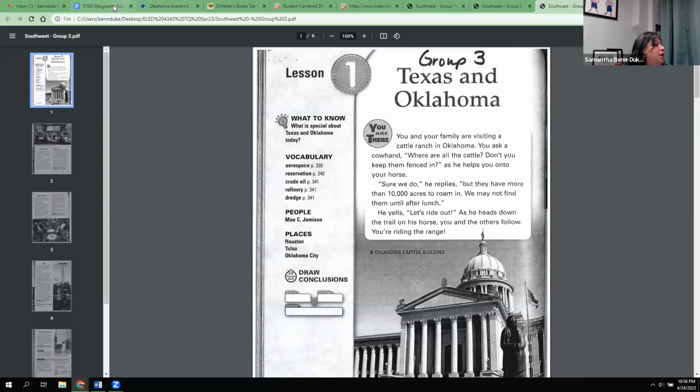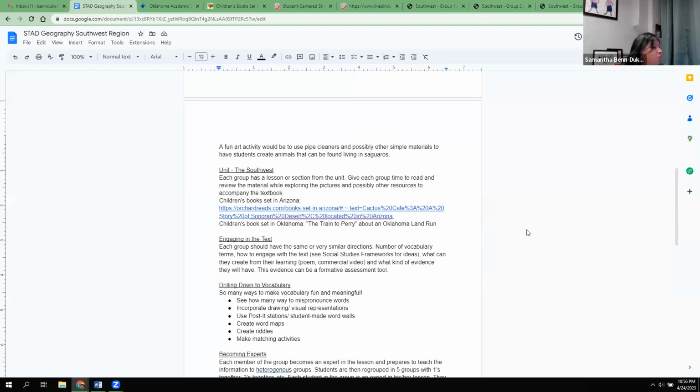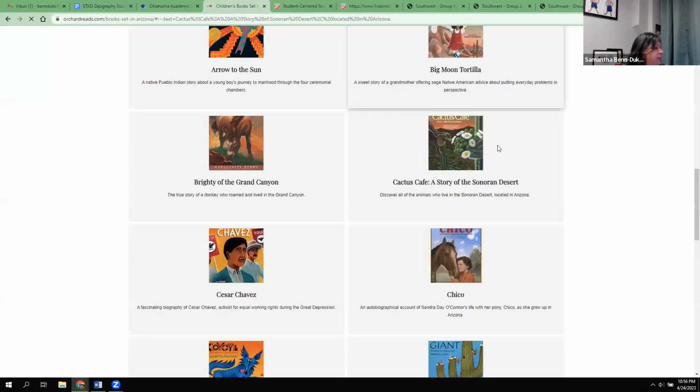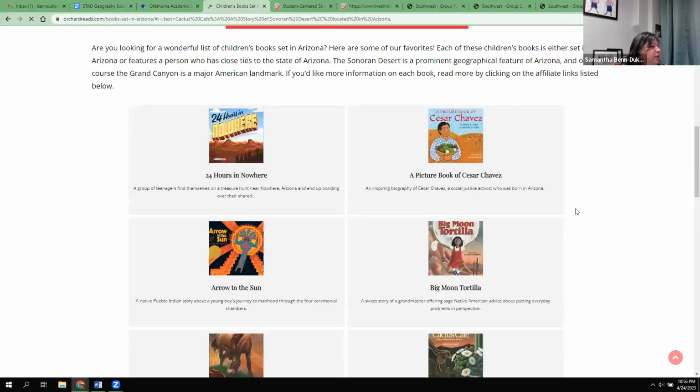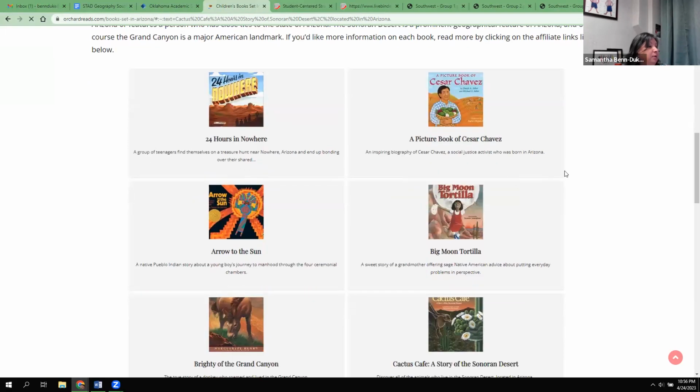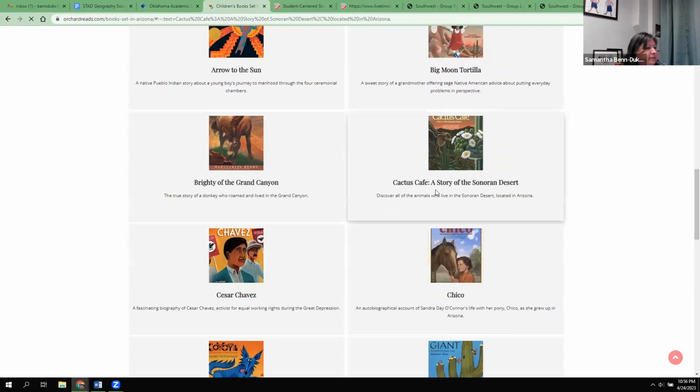And in addition, I would provide some other resources, and those resources might include some children's books. So here I pulled up some books that are set in Arizona, a couple of them that I'm familiar with. A couple of these that I think would be really, really good would be the picture book of Cesar Chavez and the Cactus Cafe.